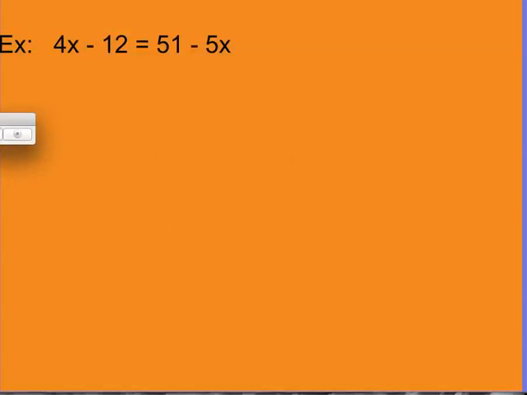Next example, I have 4x minus 12 equals 51 minus 5x. So first step, get the variables on the same side. So I could either move over the 4x by doing the opposite, or I can move over the 5x by doing the opposite.